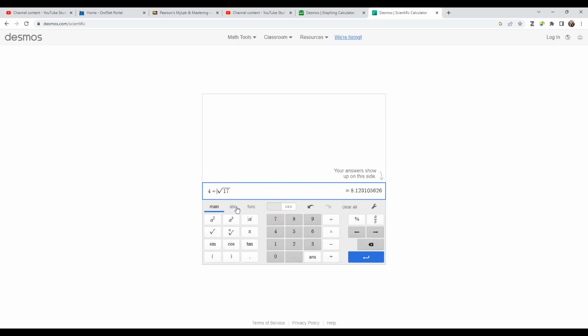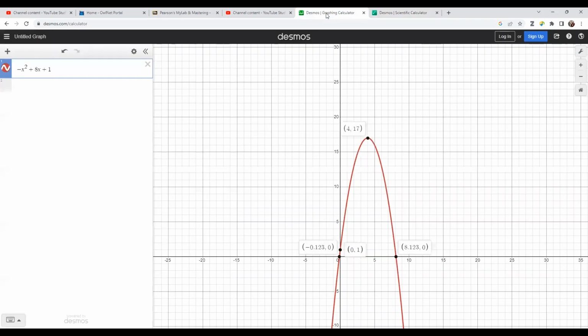And then if we switch this to minus, we get negative 0.123. So indeed, right, we are at the correct values. Again, this is concave down. The vertex is a maximum. Everything we found looks good.